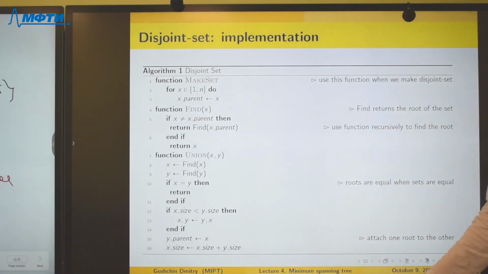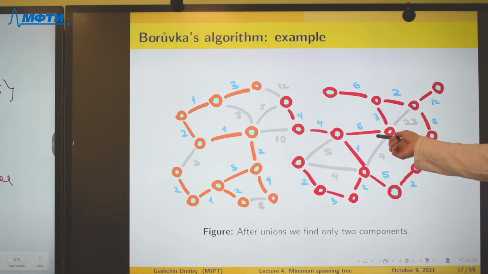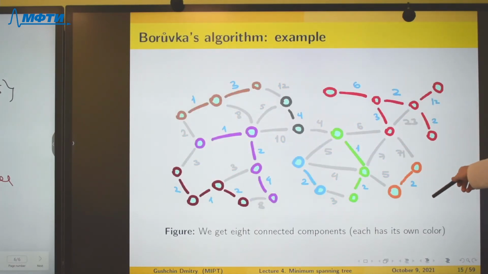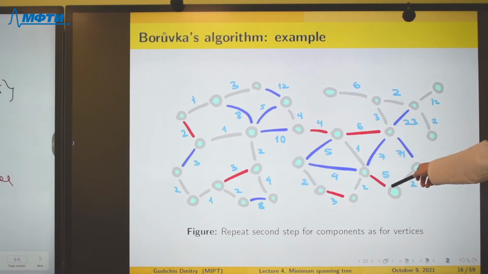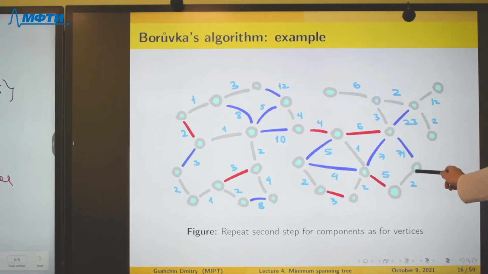And as you remember, we union different components. We have subsets, then we add an edge, and we need to union these subsets.